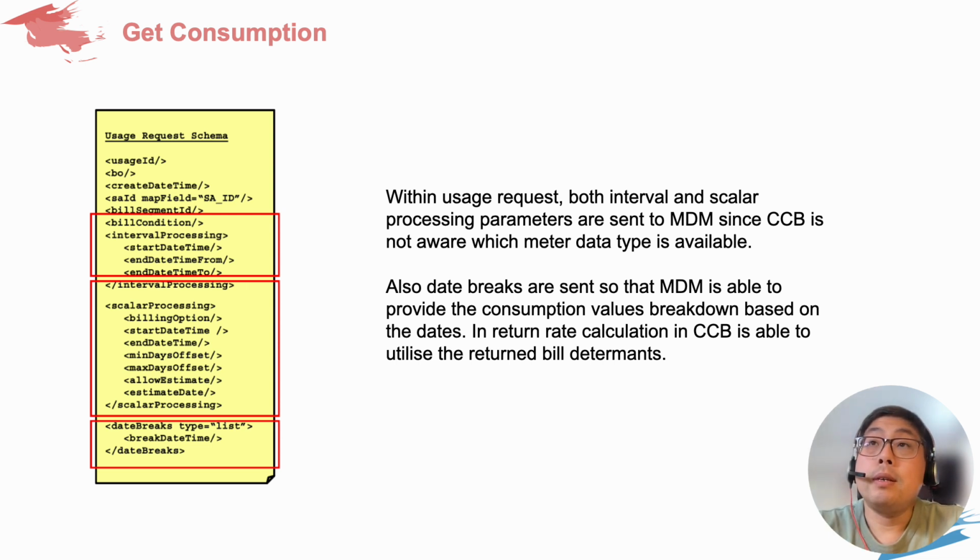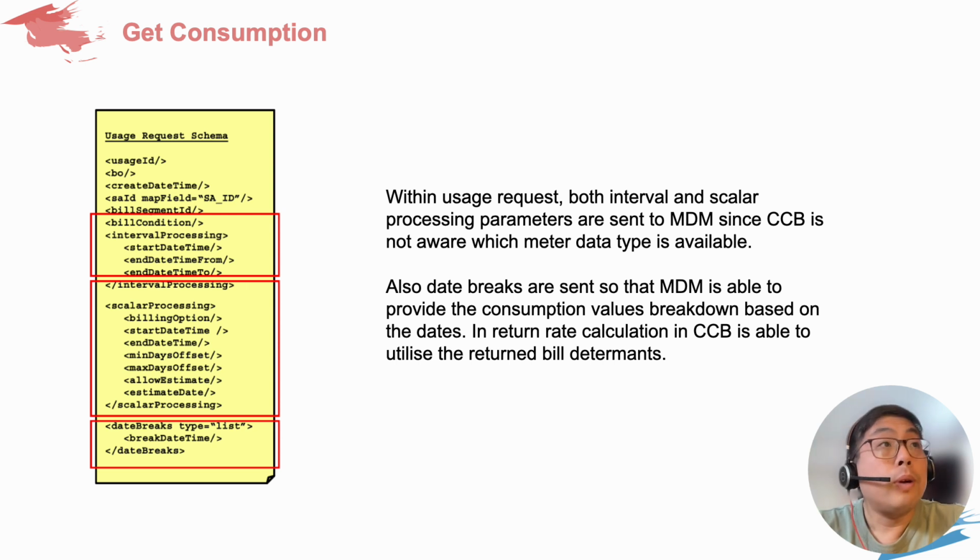So in these cases, if there is a price change or a rate change, tax change, whatever, and the consumption needs to be broken down, we will need to insert a date break, and that date break comes from CCMB. CCMB determines what the date break is, and then sends it to MDM.